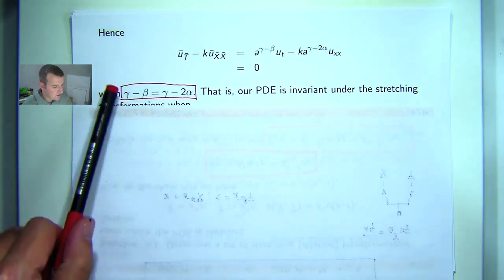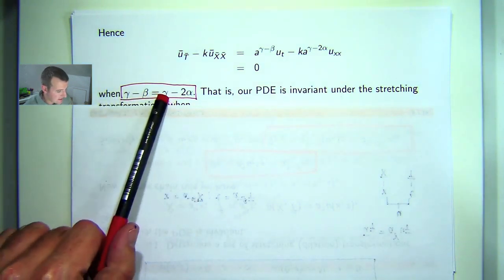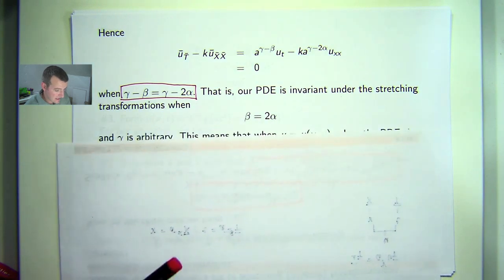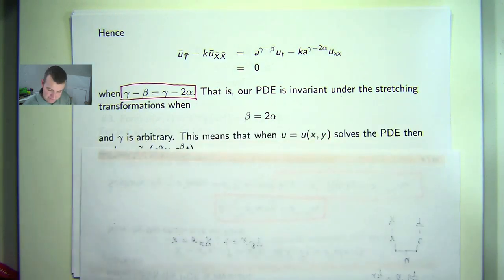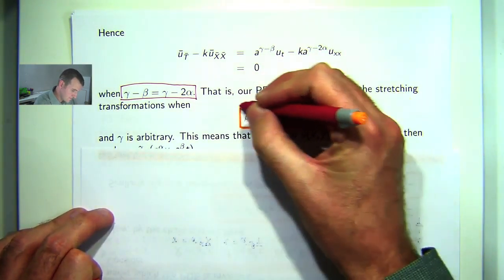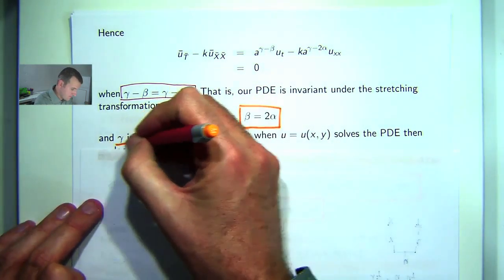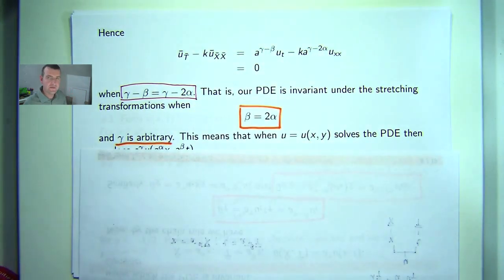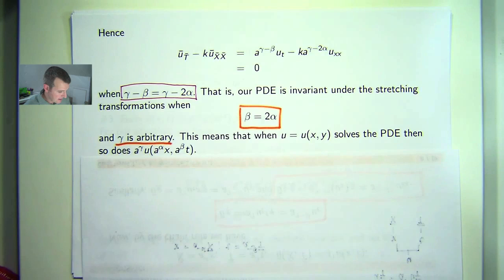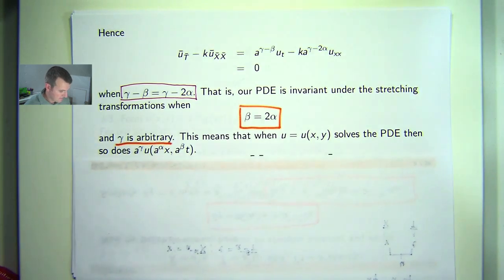Okay, now if you look at that, the gammas are going to cancel out, so I don't know what gamma is, but I have a relationship between beta and alpha. So we've got a little bit of information there. Gamma's arbitrary, and beta equals 2 alpha.